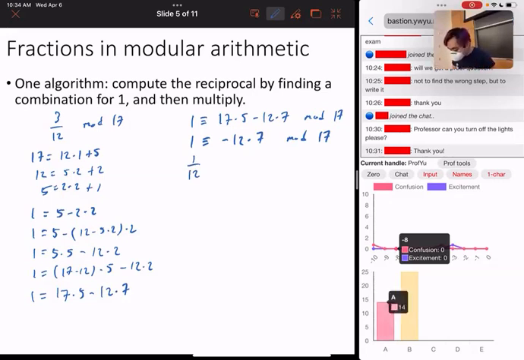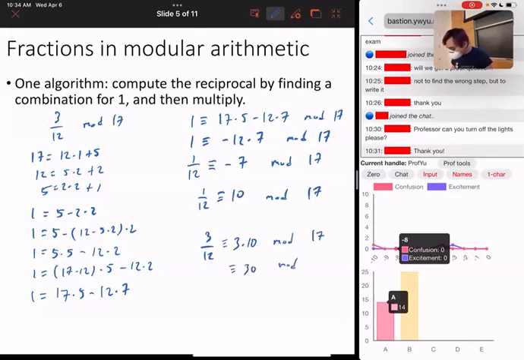So then 1 over 12 is congruent to minus 7, mod 17. And you can rewrite this as 1 over 12 is congruent to 10, mod 17. And so then therefore 3 over 12 is congruent to 3 times 10, mod 17, which is congruent to 30, mod 17, which is congruent to 13, mod 17.